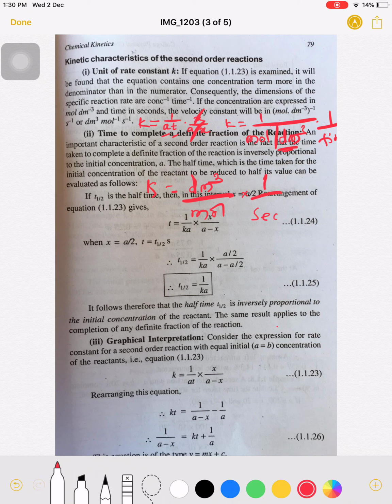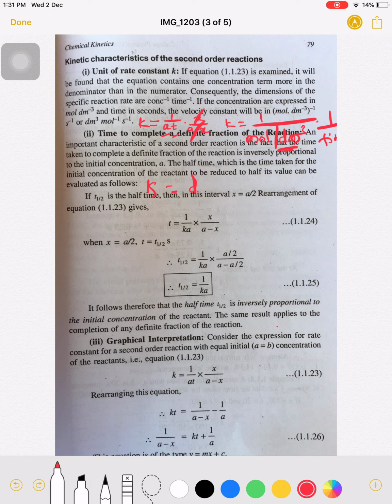So this is written like k is equal to mole inverse into dm cube into second inverse. So this is the unit for the rate constant for the second order reaction.